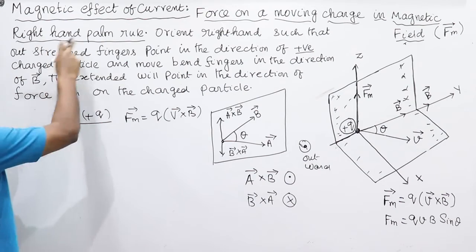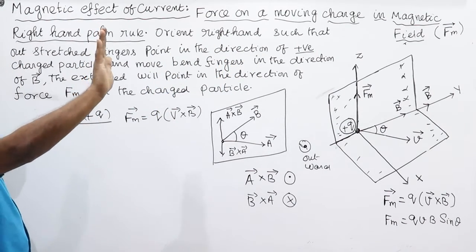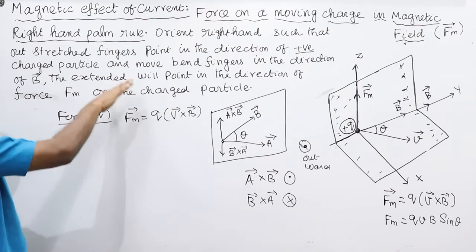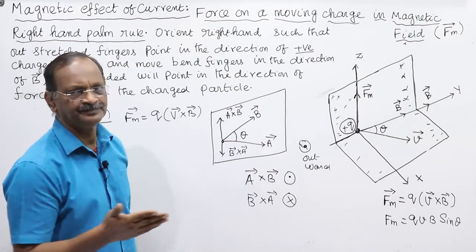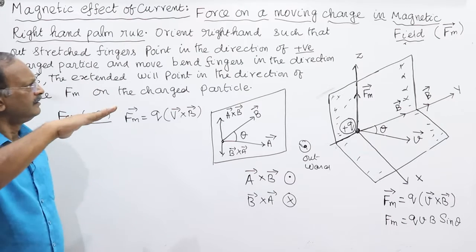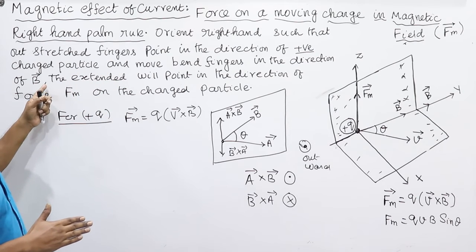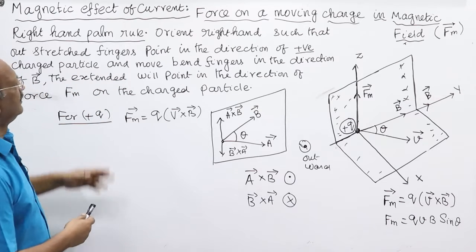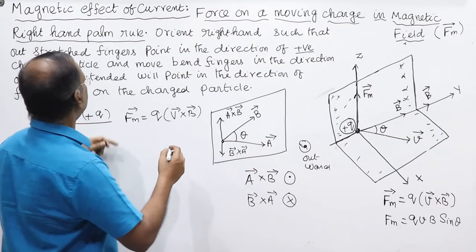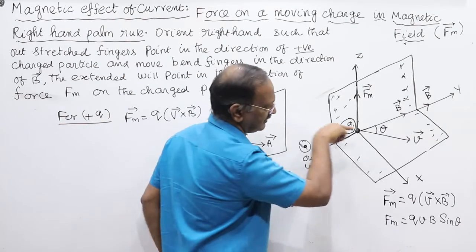It means by right hand palm rule. Right hand palm rule says orient right hand such that the stretched finger points in the direction of positive charged particle, and move the fingers in the direction of B. See, this is the direction of charged particle.